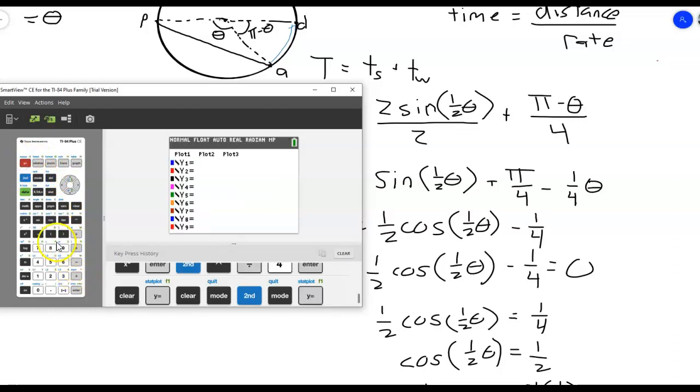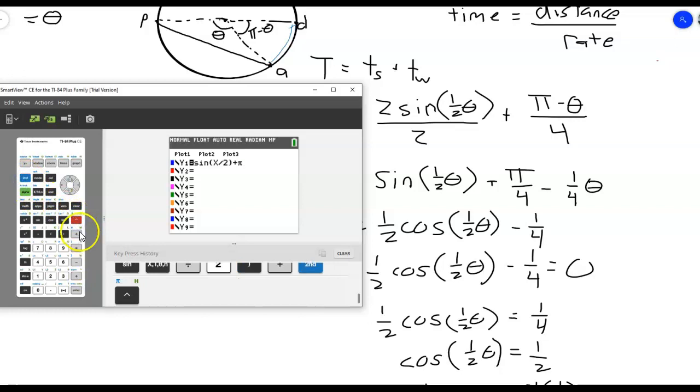All right, and this is sine of x over 2 plus pi over 4 plus second pi divided by 4, and then minus x over 4. All right, enter. Just double check that.